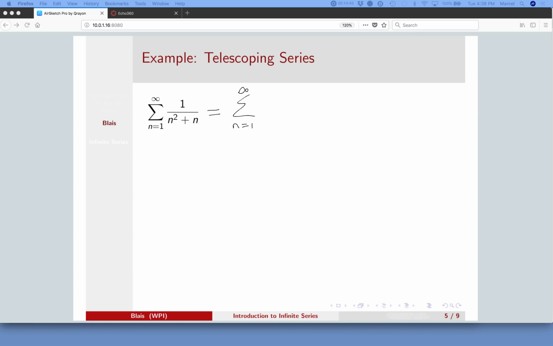We're going to rewrite this as one, factor out an n in the denominator. In integral calculus, we learn a technique, really an algebraic technique that we learn to do integration, called partial fractions.